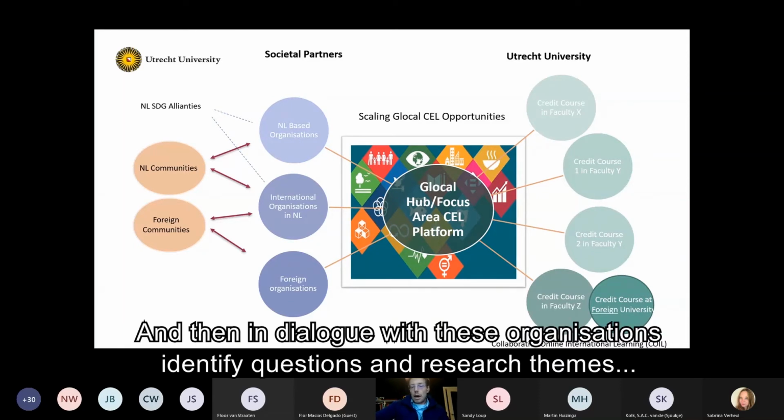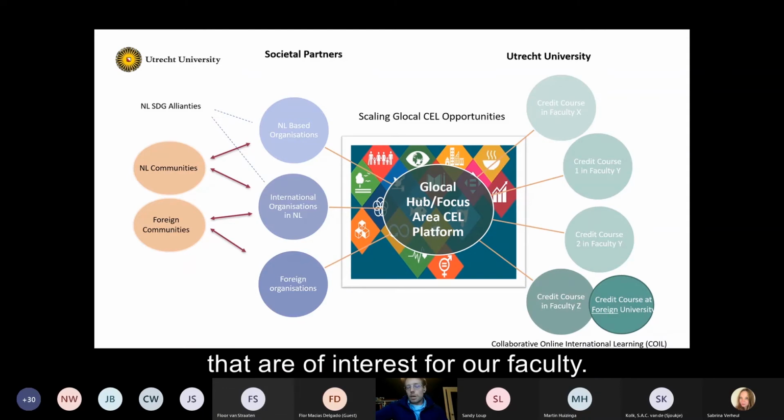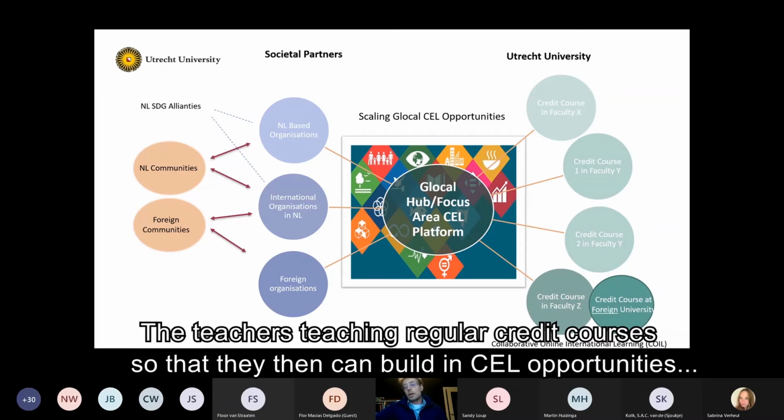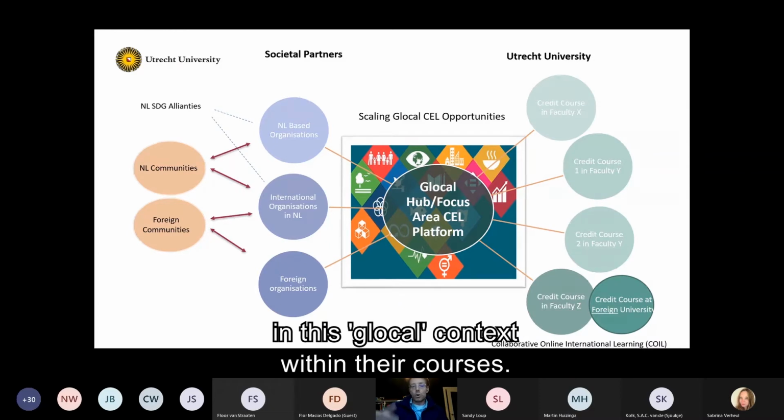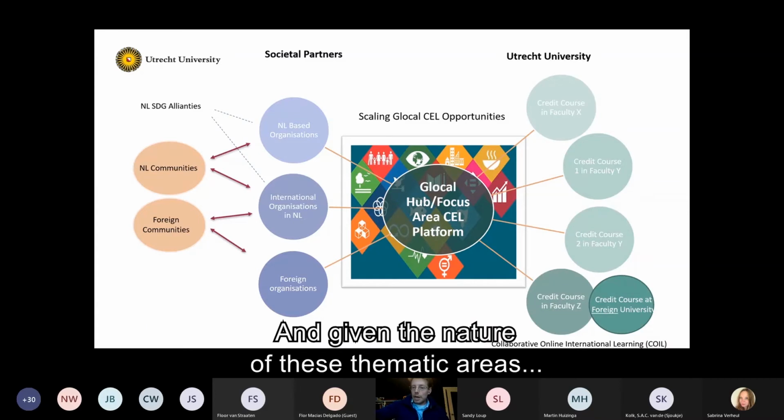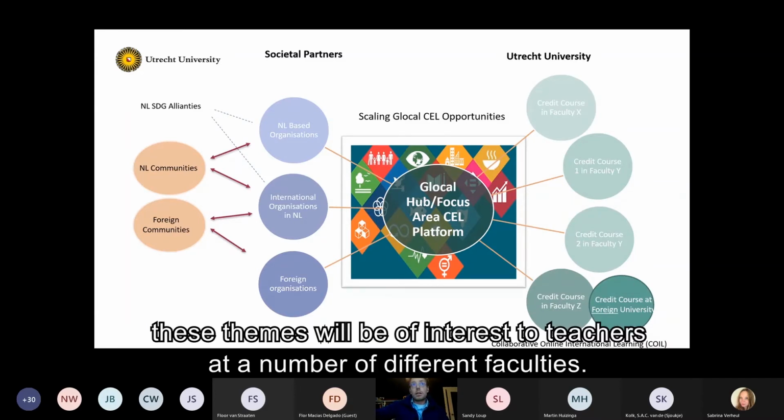And then in dialogue with these organizations, identify questions and research themes that are of interest for our faculty, the teachers teaching regular credit courses, so that they then can build in CEL opportunities in this global context within their courses. And given the nature of these thematic areas, these themes will be of interest to teachers in a number of different faculties.